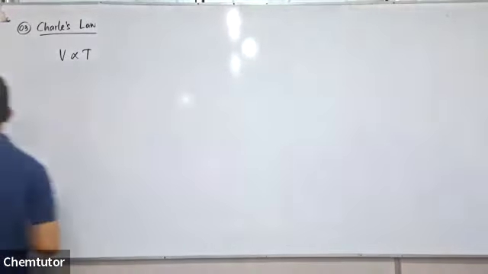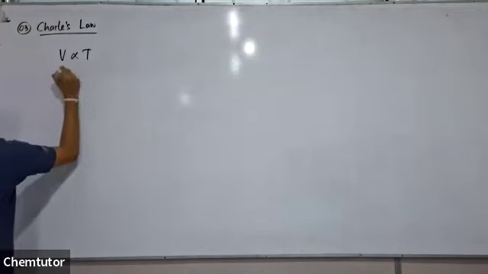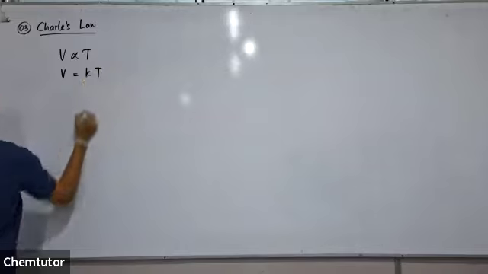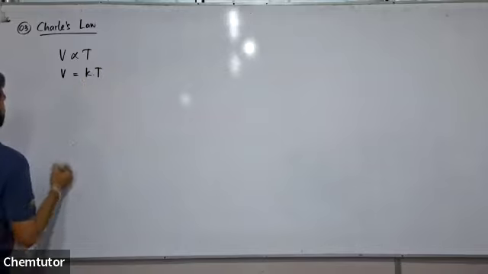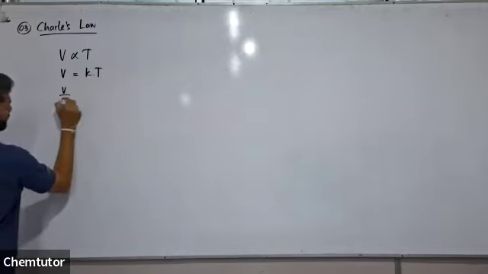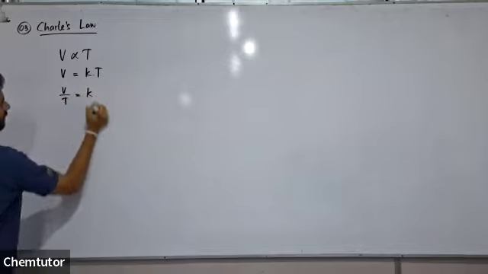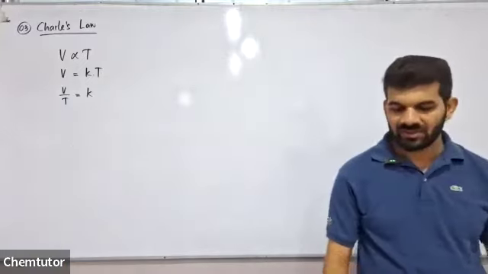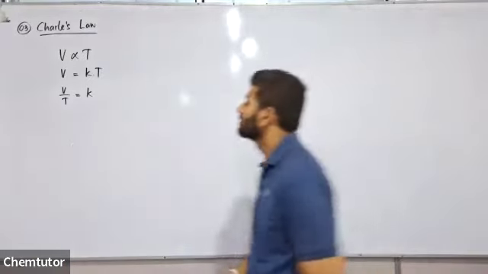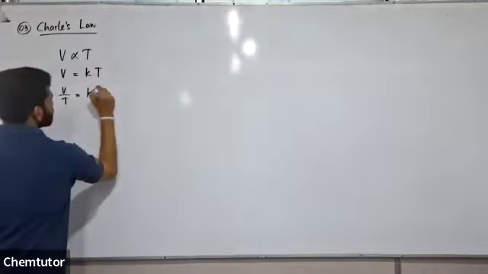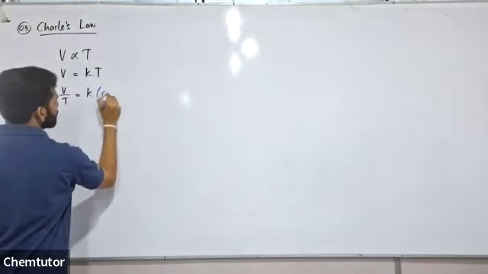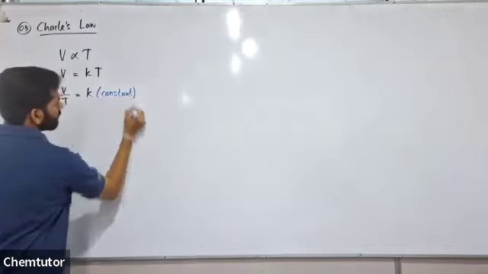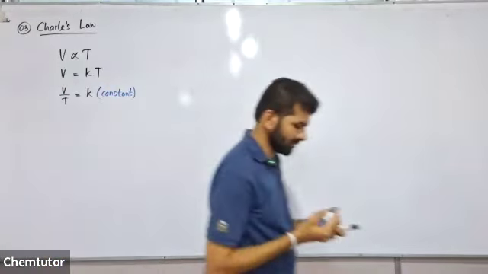So V equals K T. Then we can substitute, V over T is a constant. Okay. V over T is a constant. This is constant.